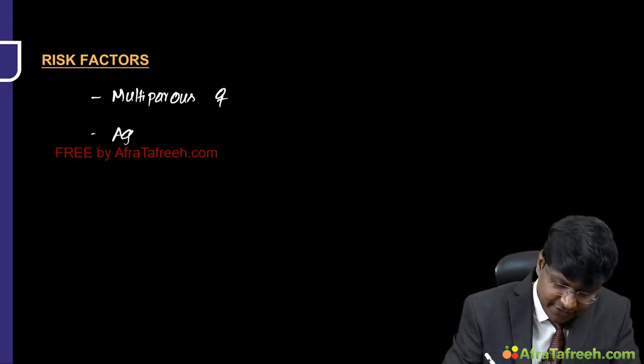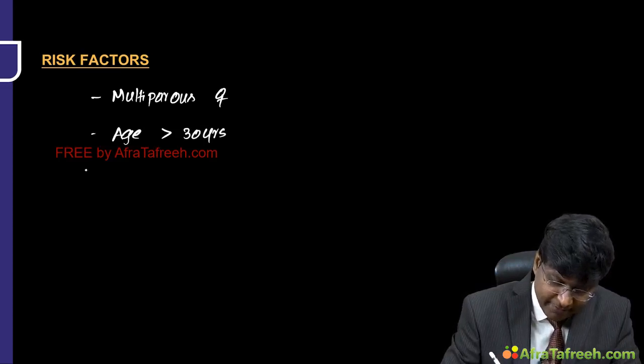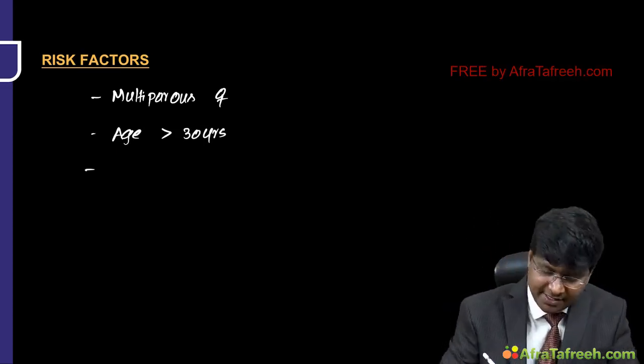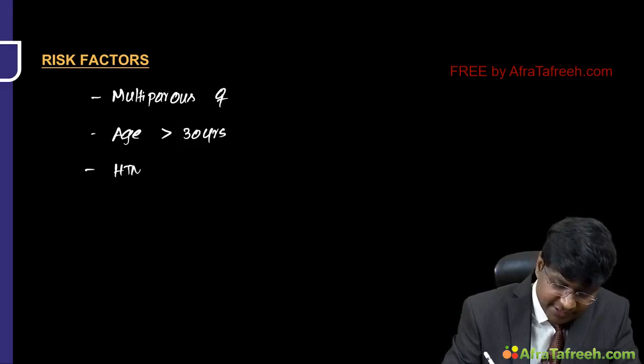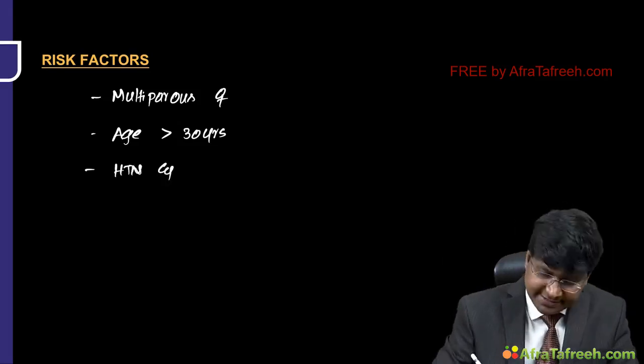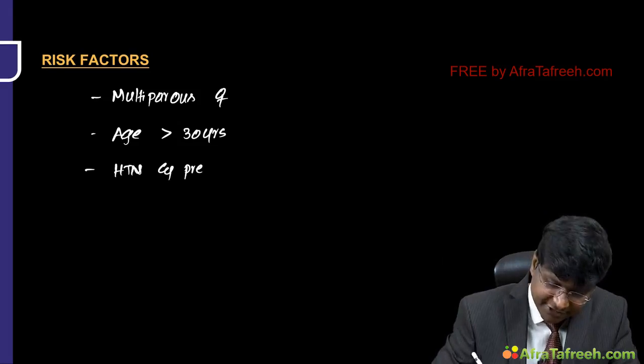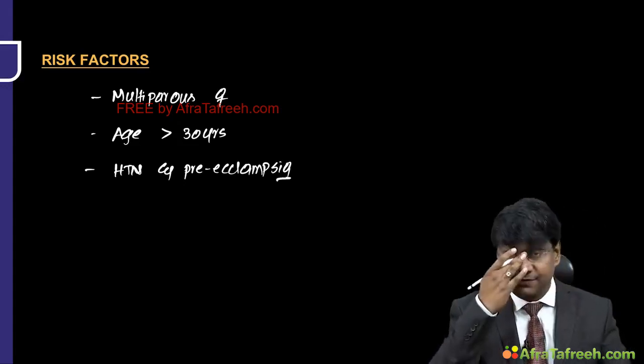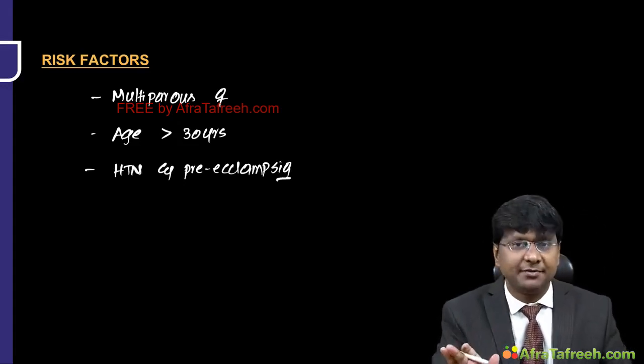And age of the individuals more than 30 years. So, elderly multiparous females are at increased risk of development of peripartum cardiomyopathy. The other important risk factors are hypertension and the development of preeclampsia. Okay, so these are the risk factors for the development of peripartum cardiomyopathy.